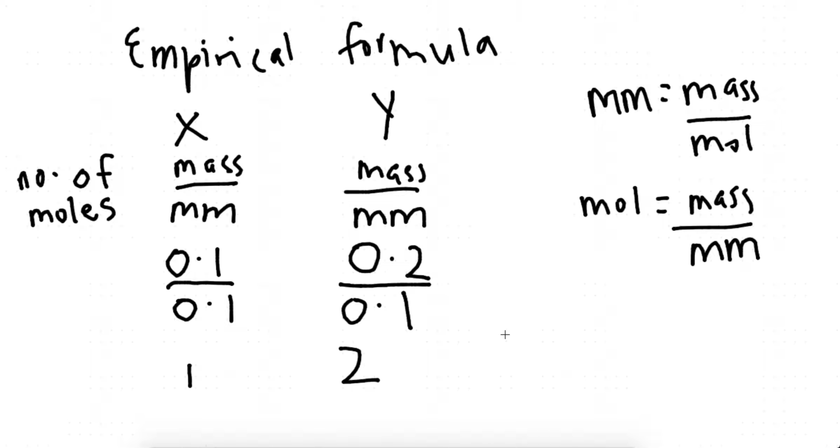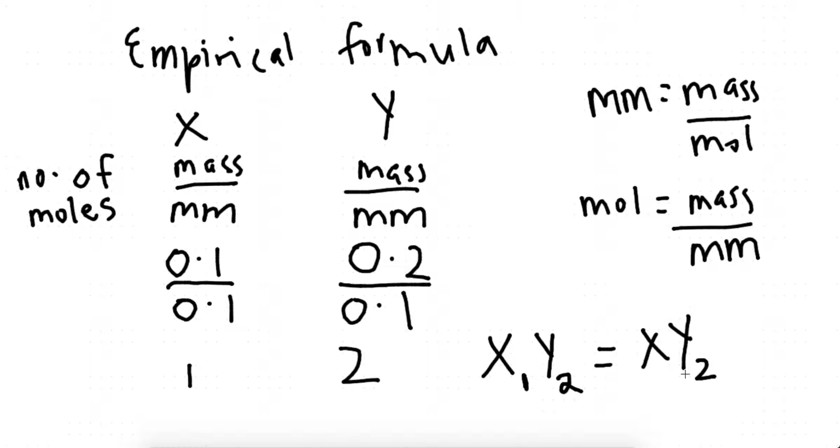The empirical formula will be X, and the number associated to it will be the subscript at the bottom. So X1, Y2. We normally don't have to write 1 down. When you don't have a number, it's understood that it's 1. So we can just write this down as XY2.